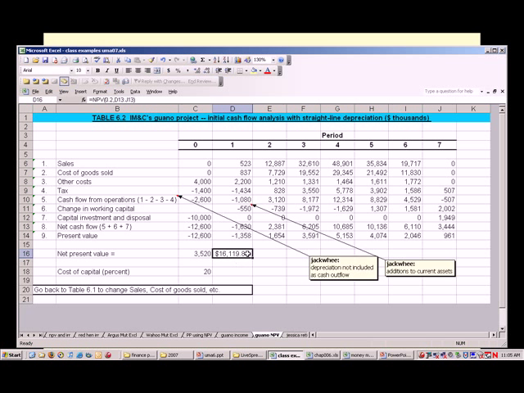And then to complete, and this is now a present value calculation, remember, because it starts in year 1 and goes out to year 7, we want to complete our net present value calculation by going up to the formula bar and saying plus the cash flow in year 0. Hit enter, and we have our $3.5 million net present value.